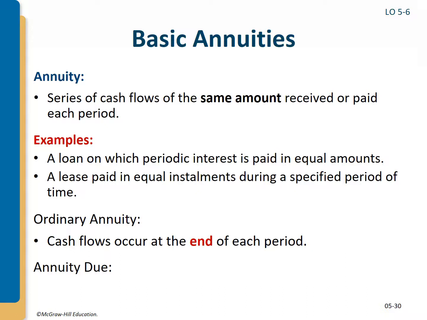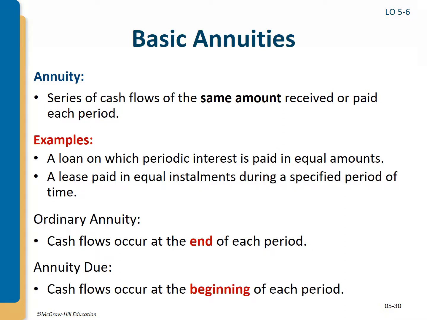Now, we have two different types of annuities, and they are defined by when the payment occurs. Does it occur at the beginning of the time period or at the end of the time period? So if the payment has to be made or is received at the end of each time period, it's an ordinary annuity. If you're either receiving money or paying money at the beginning of each period, then it's an annuity due.